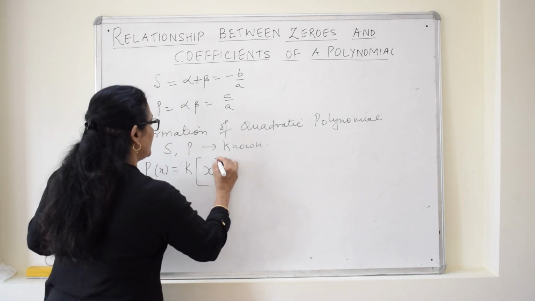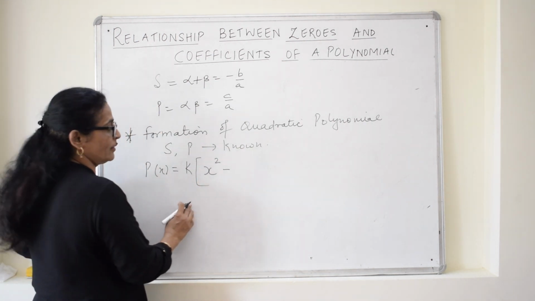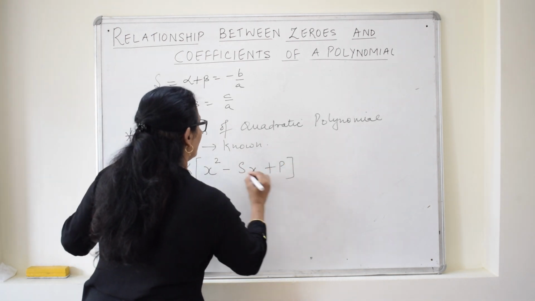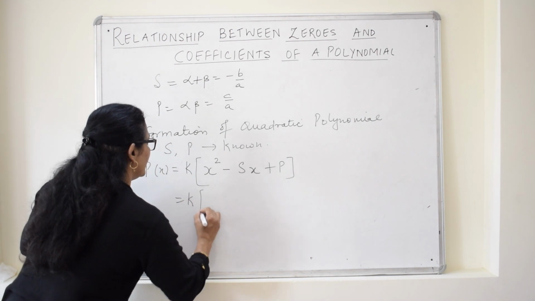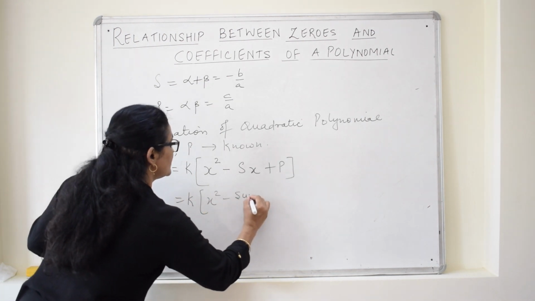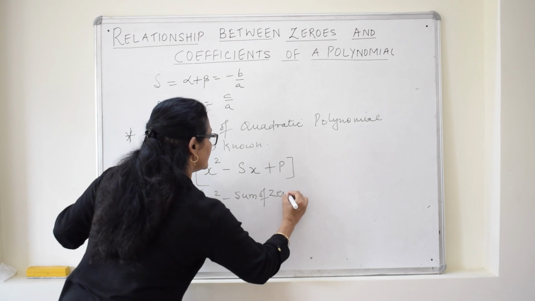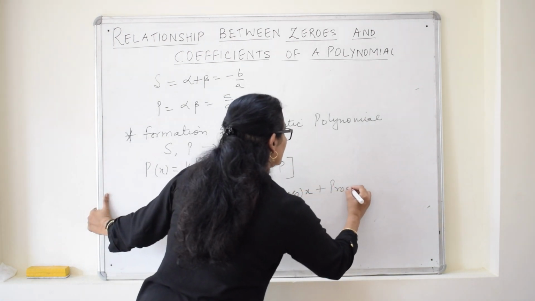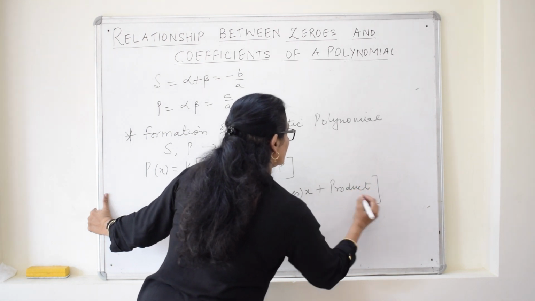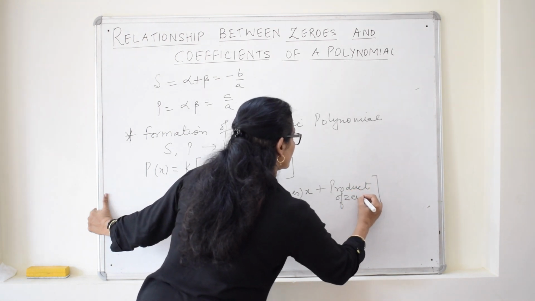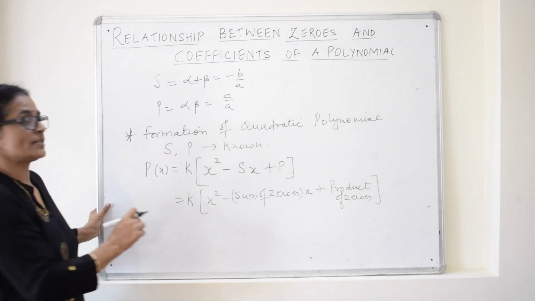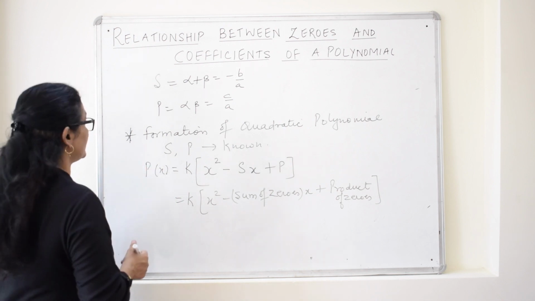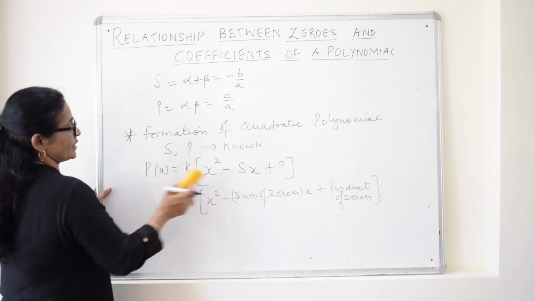Then the polynomial will be x square minus s x plus p, where s is the sum of zeros and p is the product of zeros. It means that if we know the sum and the product, we can also form a quadratic polynomial. Let's take one example. This is the form.